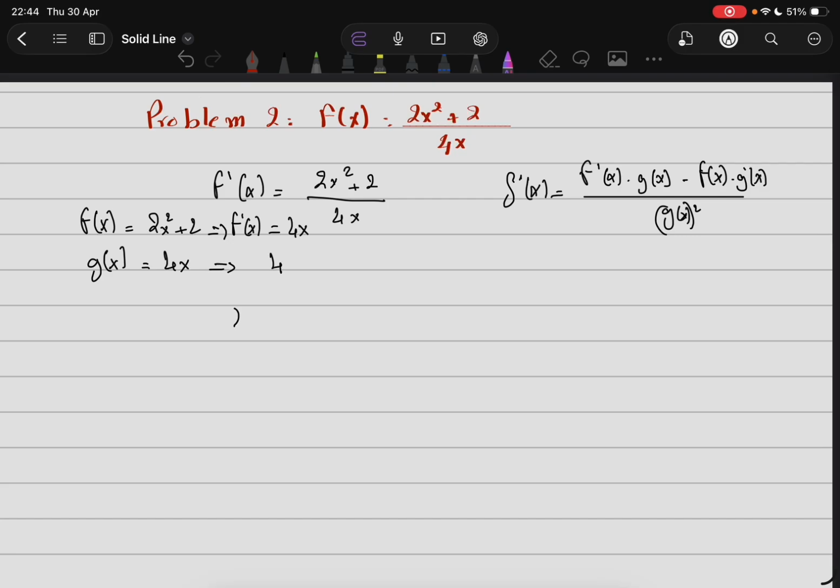So now we're gonna just plug everything in. So we're gonna have 4x times 4x minus 2x squared plus 2 times 4, over 4x squared.